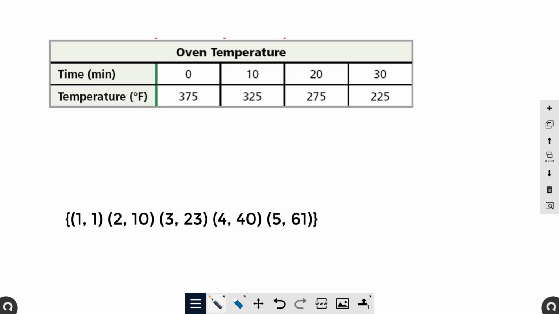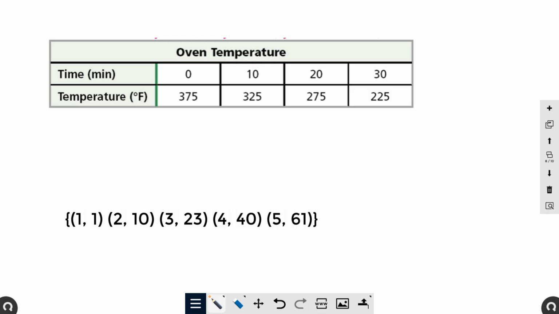You can say X and Y. What's going on with our oven temperature?